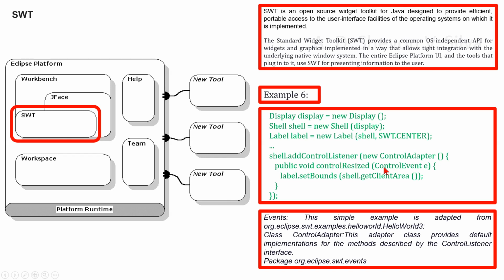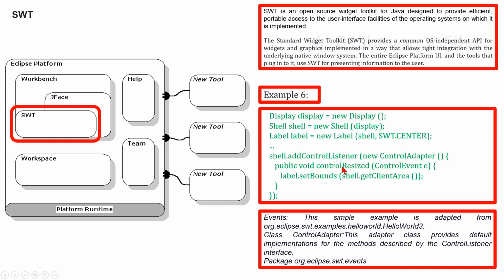This simple example is adapted from org.eclipse.swt.examples.helloworld.helloworld3. For each type of listener, there is an interface that defines the listener, XYZListener, a class that provides the event information, XYZEvent, and an API method to add the listener, addXYZListener.